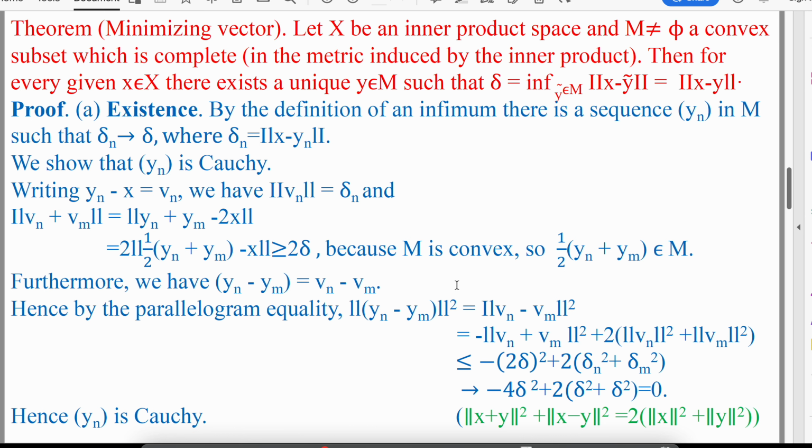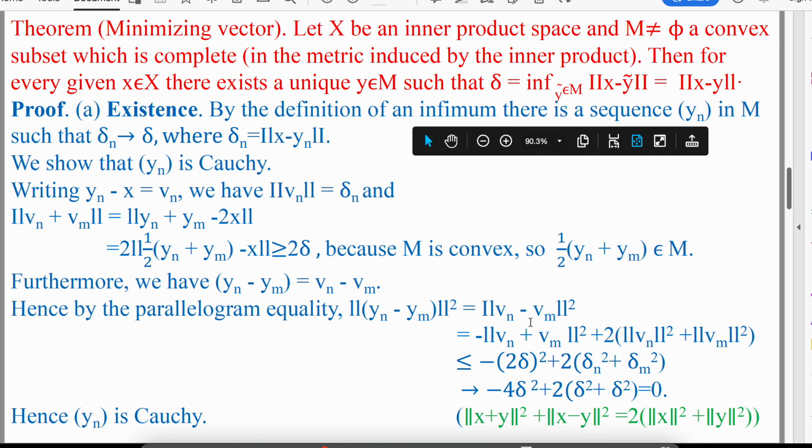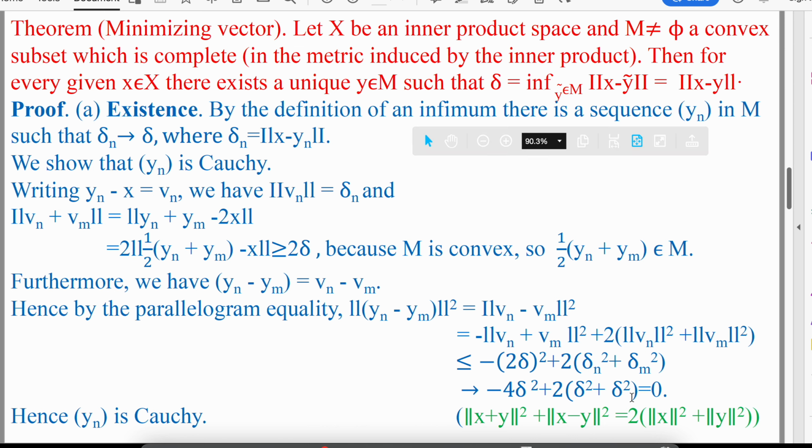Norm vn is delta n square, norm vm is delta m square. Because delta n tends to delta, it tends to minus 4 delta square plus 2 delta square plus 2 delta square, which means it tends to 0.